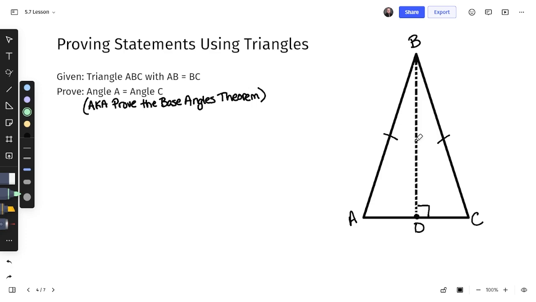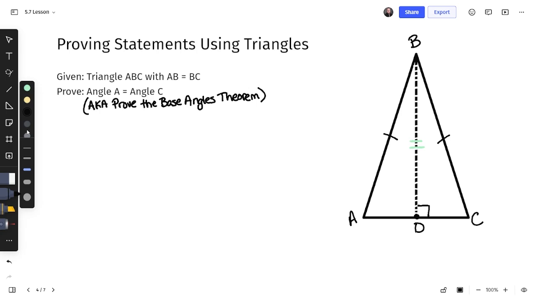And side DB happens to be one of the legs of each of those right triangles. So we have a leg of each right triangle that is congruent. And from our given information, we also know that the hypotenuse of each of those right triangles are congruent.